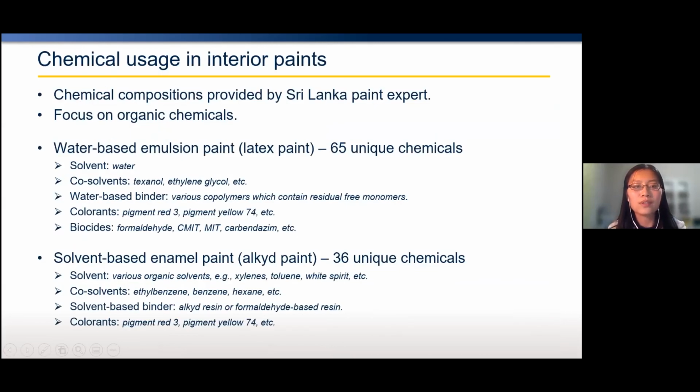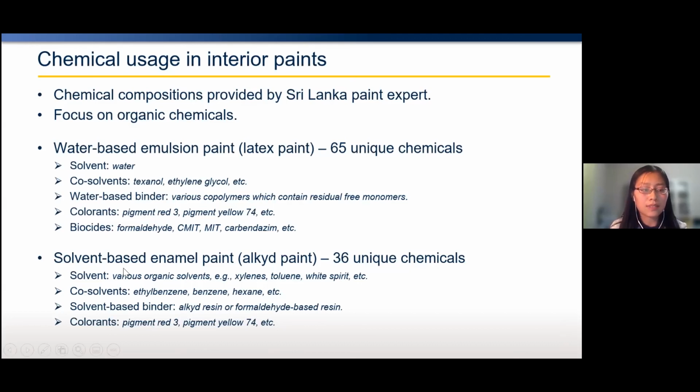For the chemical usage in paints, the chemical compositions are provided by Sri Lanka paint experts, and we focus on organic chemicals in this study. We studied 2 types of paints. The first is the water-based emulsion paint, also known as latex paint, and it's composed of solvent, which is water, co-solvents, water-based binder, colorants, and biocides.